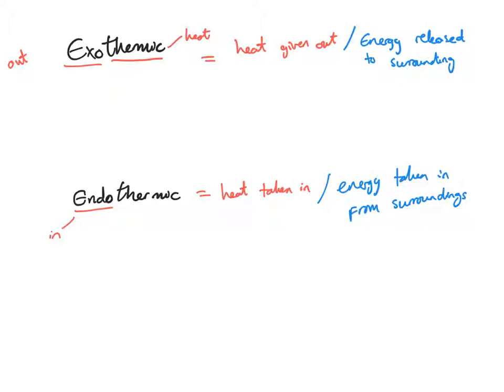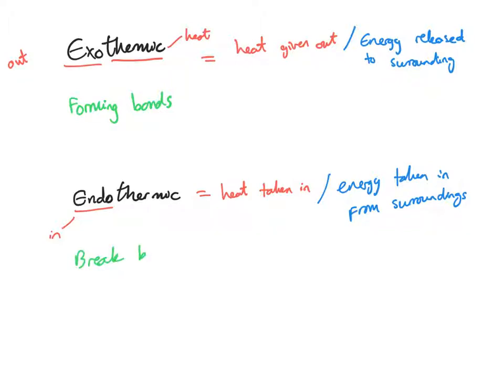Now going back to what we said on the previous slide, to form bonds, energy is released. So that links to the exothermic bit. For the exothermic bit, this is to do with forming bonds. And the endothermic is where energy is taken in. Well, we said energy needs to be taken in to break the bonds.